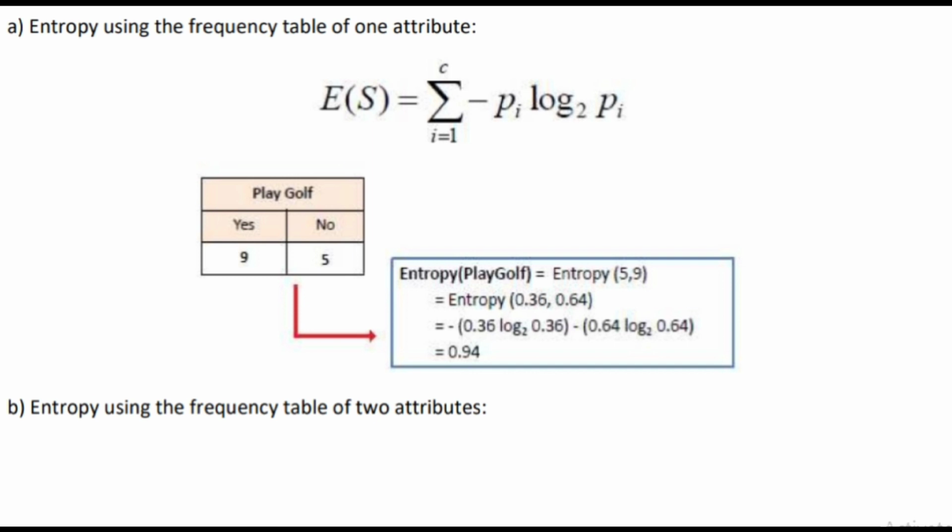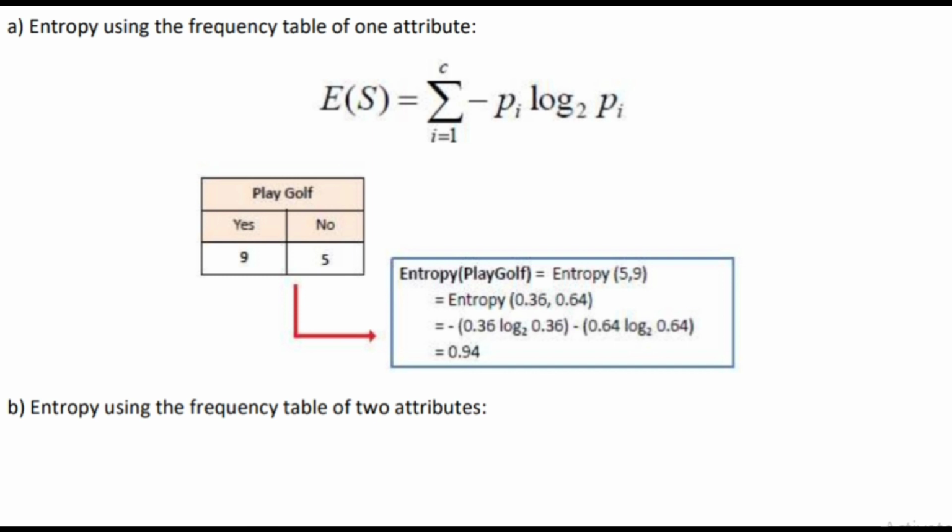For example, we have to find the entropy of play golf where yes is equal to 9 and no is equal to 5. So entropy of play golf is equal to entropy (5, 9), entropy (0.36, 0.64), which is equal to minus 0.36 log 0.36 to the base 2 minus 0.64 log 0.64 to the base 2, which is equal to 0.94.